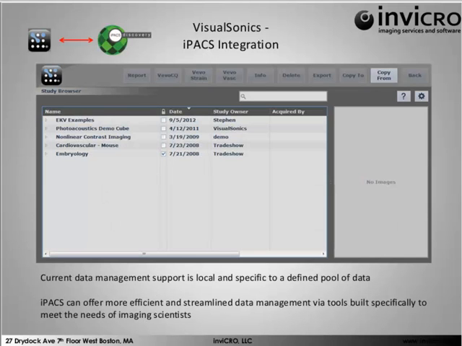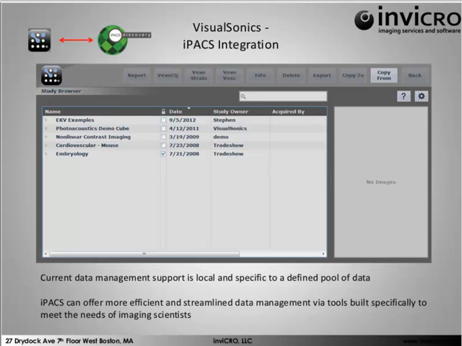I'll start with just a little background for how data is generated in the Vevo LAB software platform, which is the local data management, viewing, and analysis solution that comes with every VisualSonics instrument. As you see here, they have a study browser which organizes local data into a study series image-centric management display.